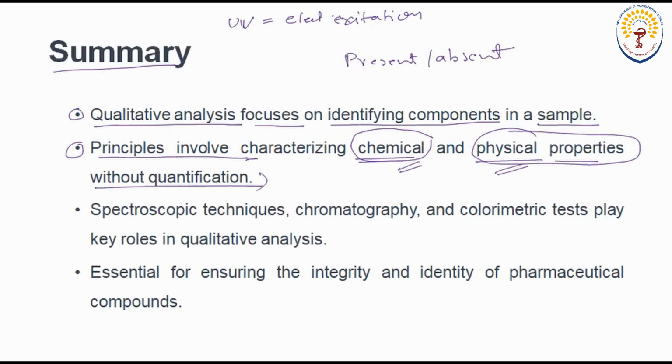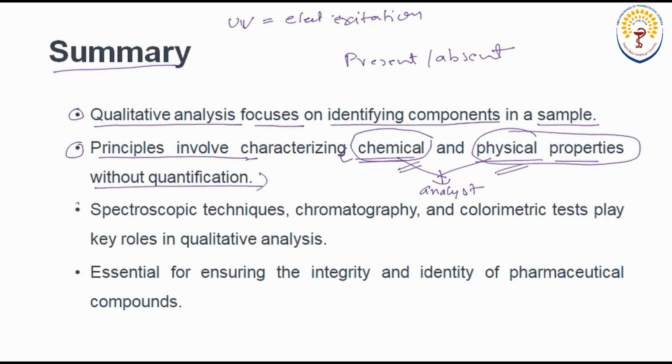By mass, we check the molecular weight, which is also a property. The number and types of protons is also a chemical property, which we identify by NMR. These are all physical and chemical properties under the focus of the analyst, and the analyst understands what kind of substance is present.